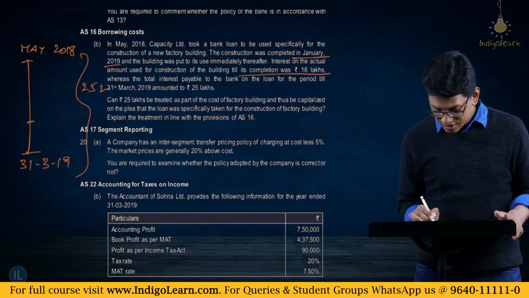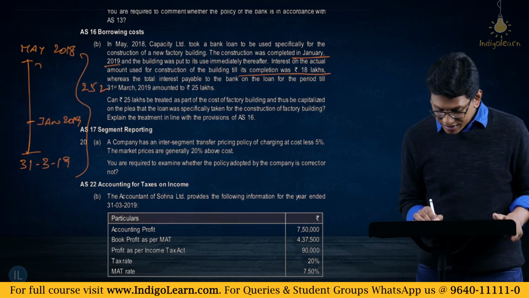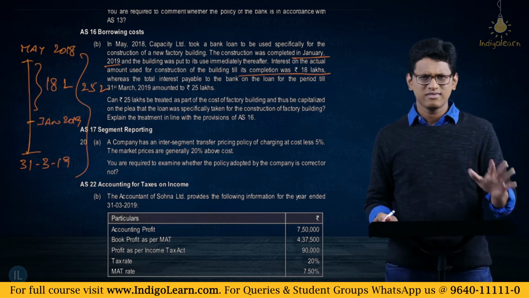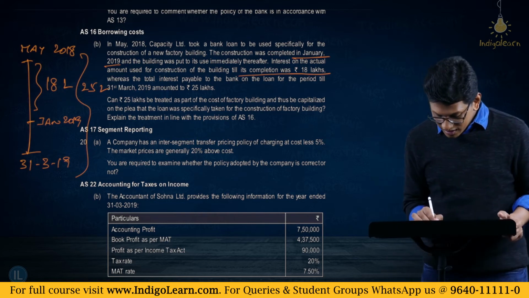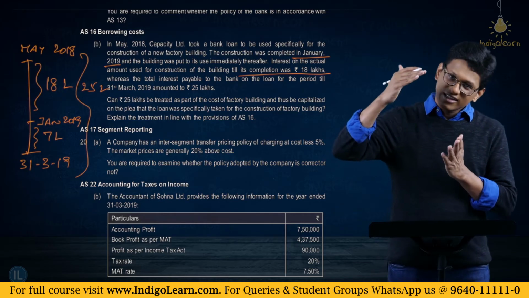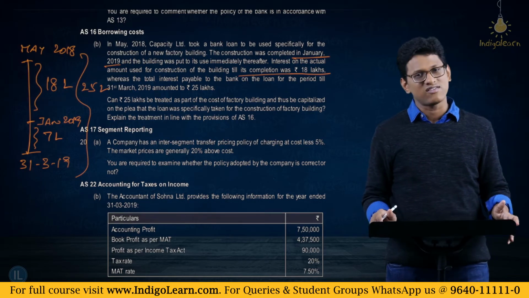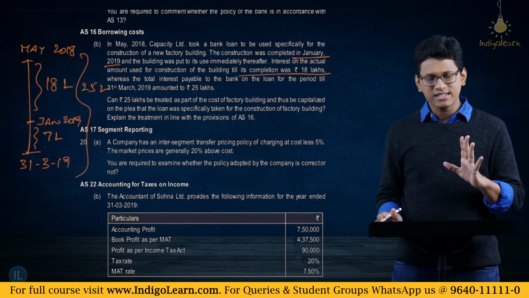Then, if you take Jan 2019, that is the date of completion, in this period interest is 18 lakhs. That is the question. Meaning, in the remaining period interest is 7 lakhs. Till completion 18 lakhs, after completion before year end 7 lakhs. That is what the question says.